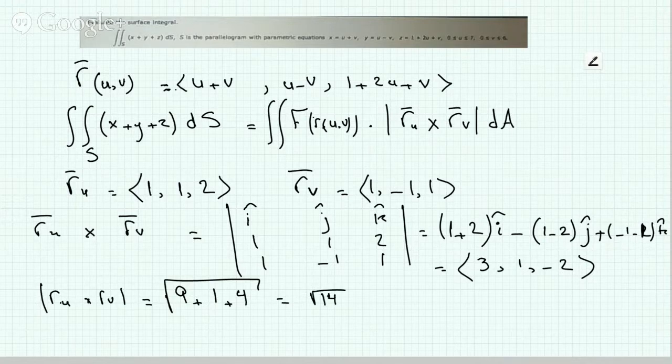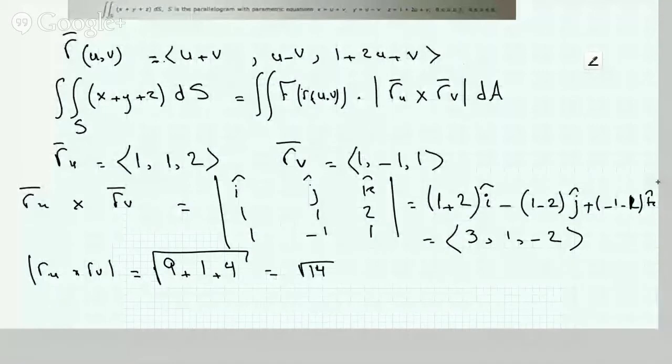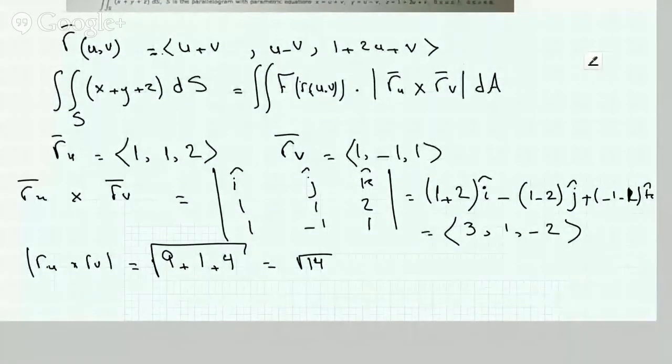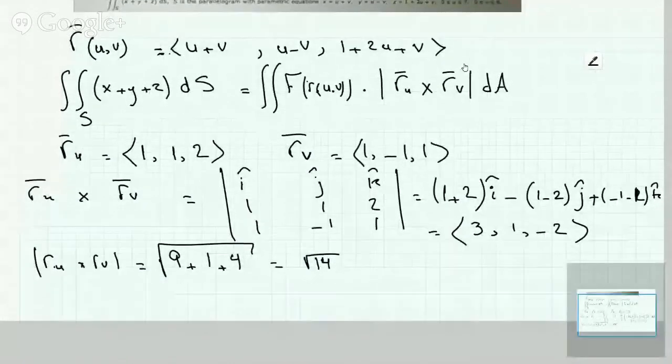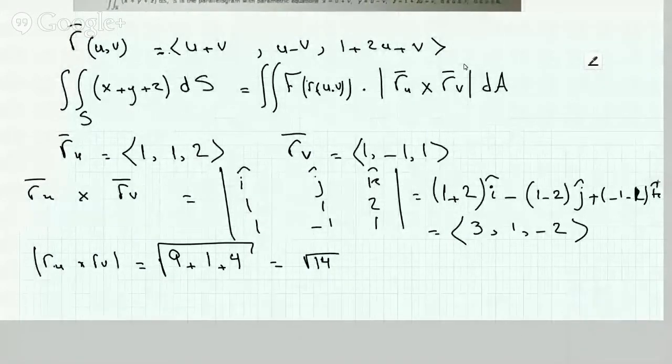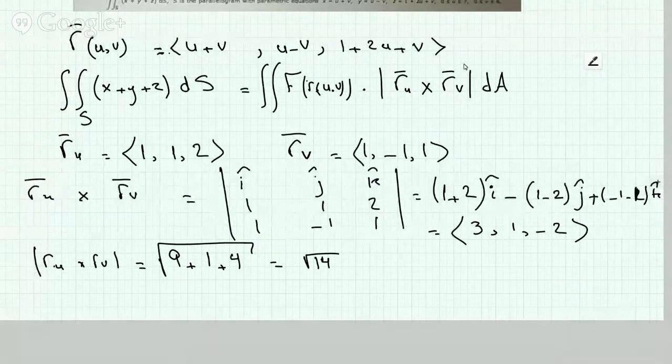And then we can plug this in with f being, this is our f of r(u,v), so now we get the integral to become, x is u plus v. So we replace x, y, and z with their components in terms of u and v.